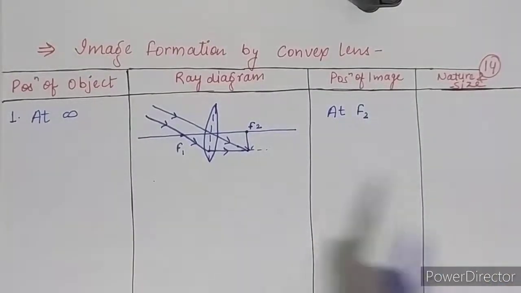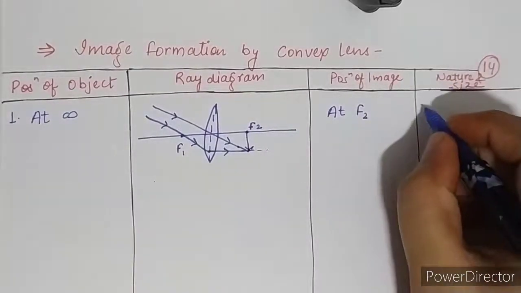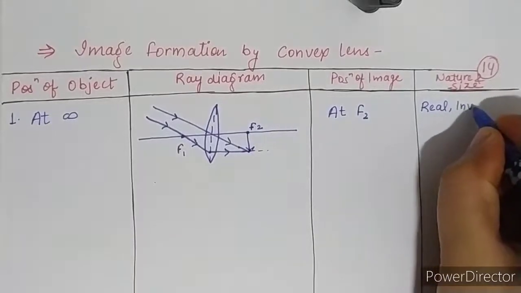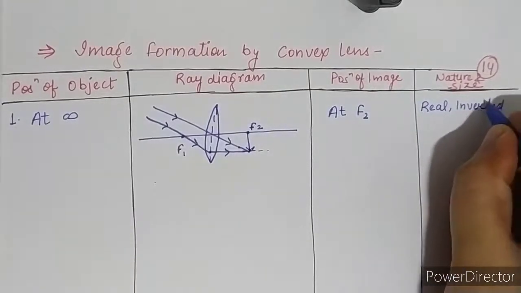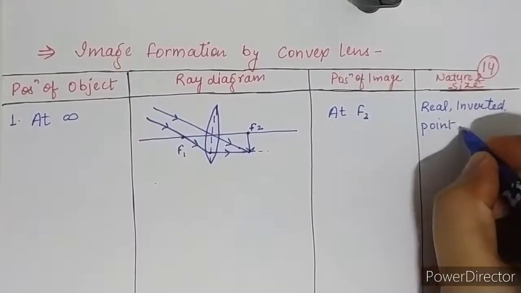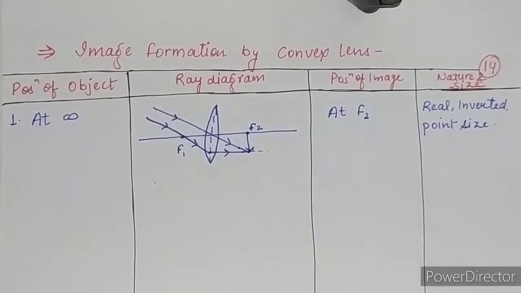Here the image is real, and if the image is real, then it is always inverted and the size is very small. We can even consider it point size. Point size means, we know the football has a bigger size, but if we keep a football in a football ground, then according to the size of the ground, the football is represented as a point.